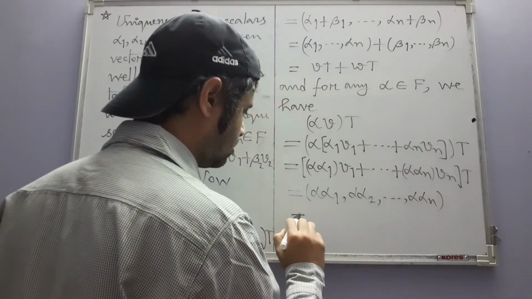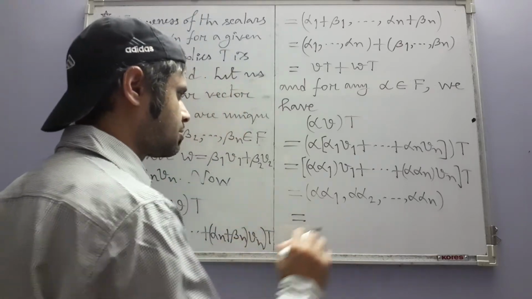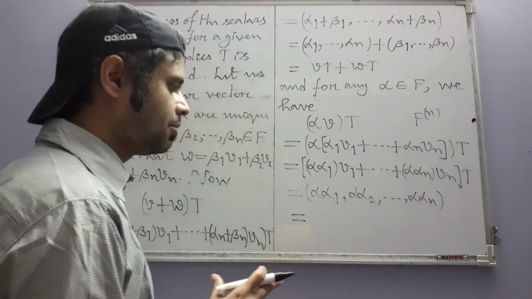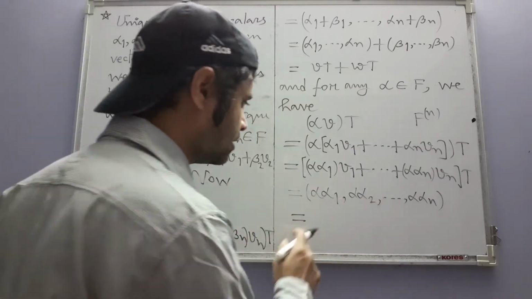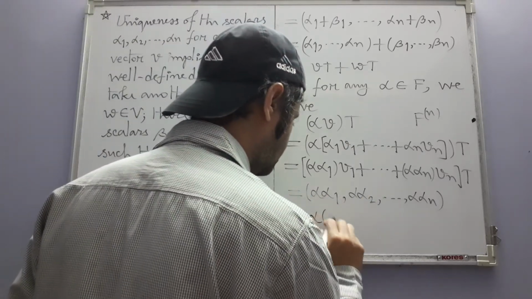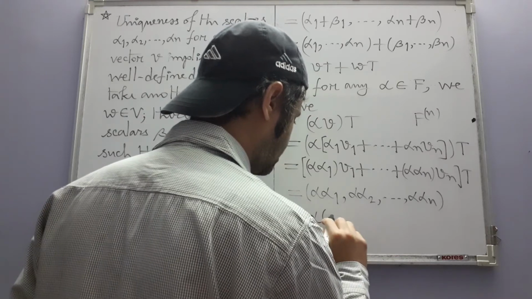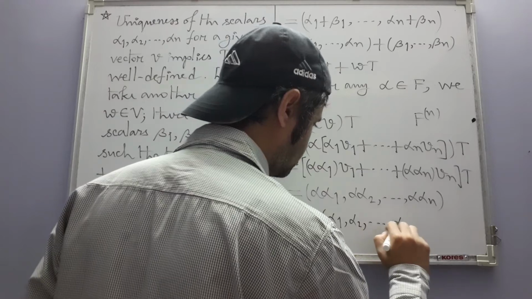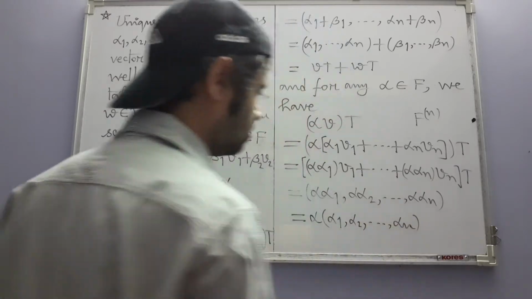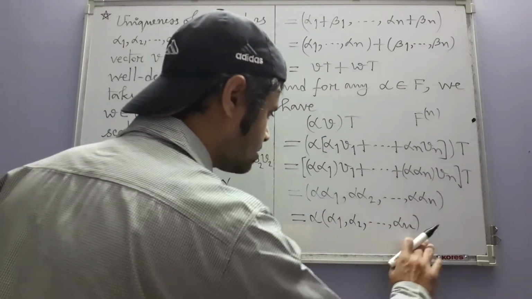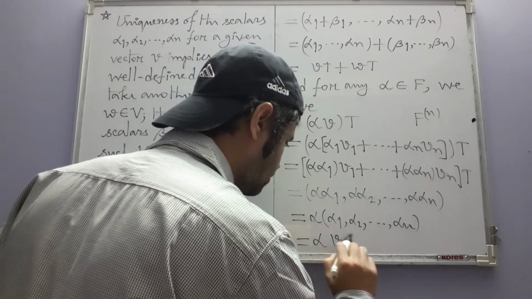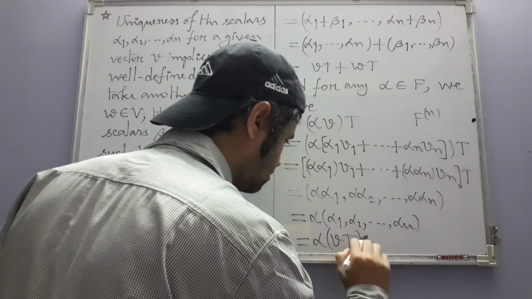But now in the space Fn, the definition of multiplication by a scalar is just this. By that definition, this is equal to alpha times (alpha 1, alpha 2, up to alpha n), and this is nothing but alpha times T of the vector.